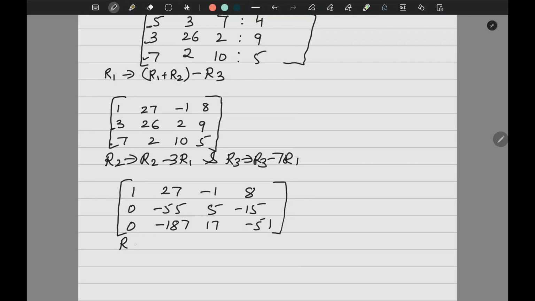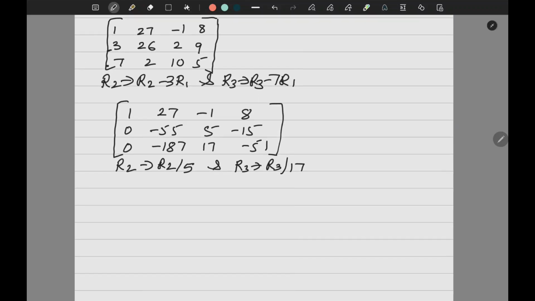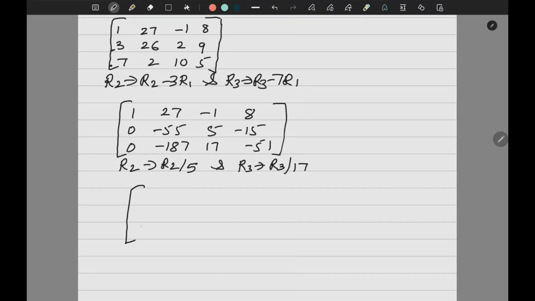Now if you observe, in R2 if I apply R2 upon 5 and in R3 if I apply R3 upon 17, what I'll get? 1, 27, -1, 8, 0, -11, 1, -3, 0, -11, 1, -3. Correct?